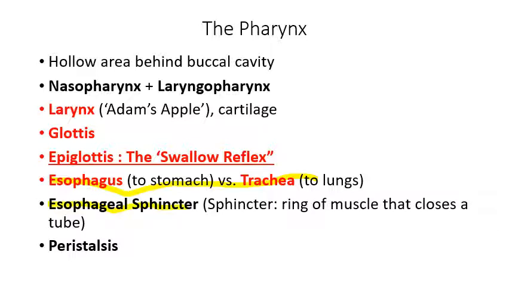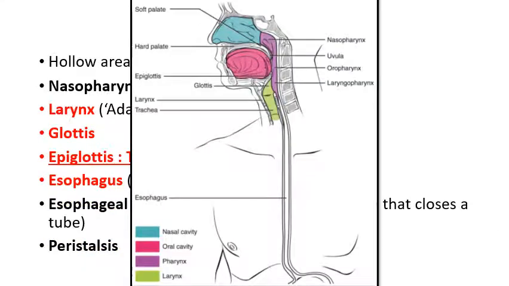And then the food goes down the esophagus via peristalsis, peristaltic pumping. Okay, so we swallow the food, it gets into the nasopharynx, and then here we have the glottis. See the glottis here? So the glottis contains the entry to both the esophagus and the trachea. The trachea leads to the lungs. We don't want the food to go that way. We want it to go down the esophagus this way.